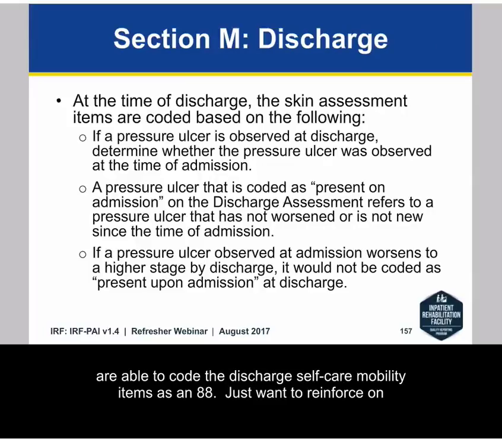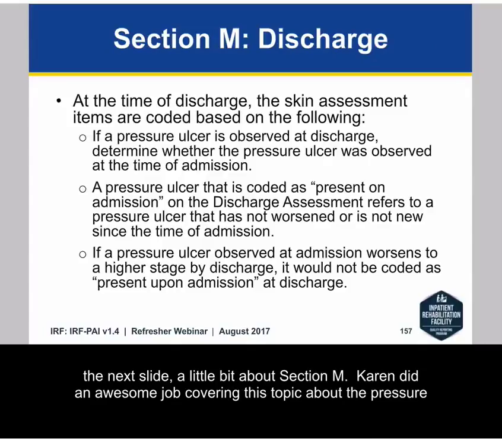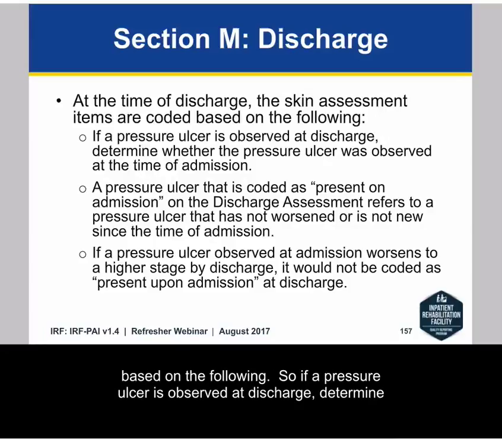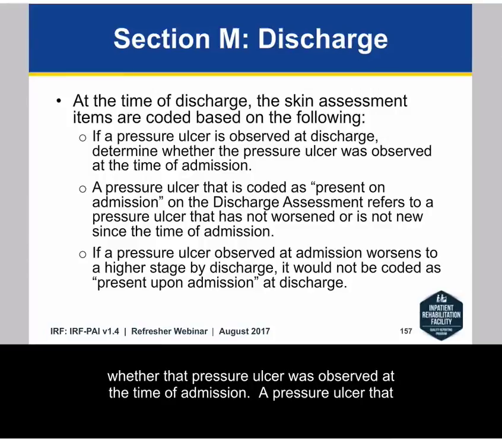Just want to reinforce on the next slide a little bit about Section M. So Karen did an awesome job covering this topic about the pressure ulcers. So just to reinforce, at the time of discharge, the skin assessment items are coded based on the following. So if a pressure ulcer is observed at discharge, determine whether that pressure ulcer was observed at the time of admission.